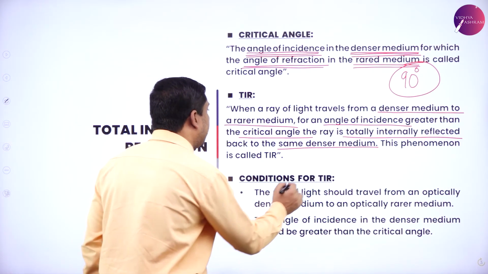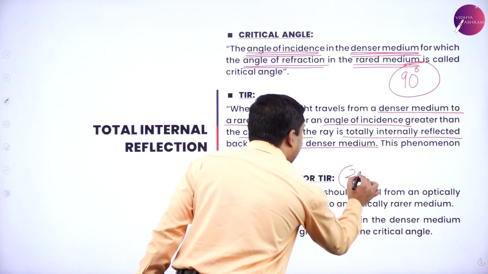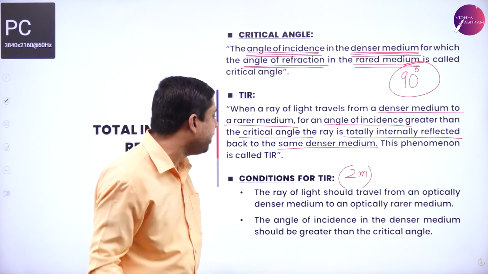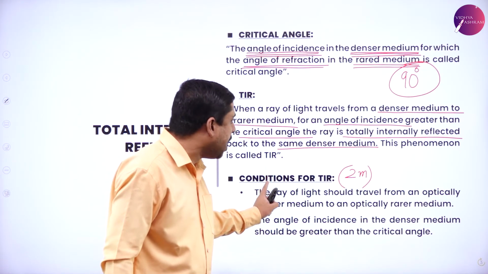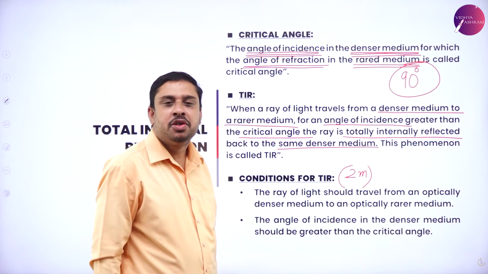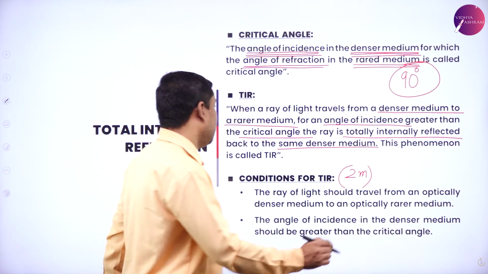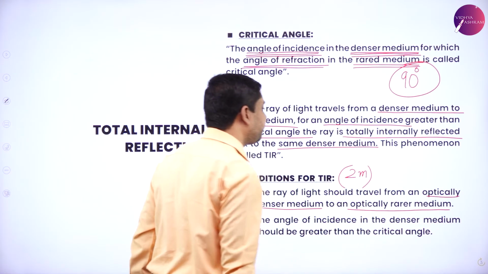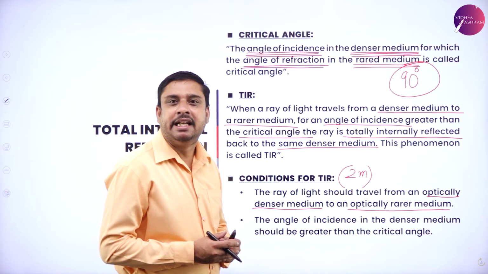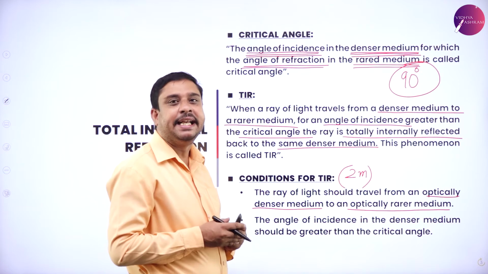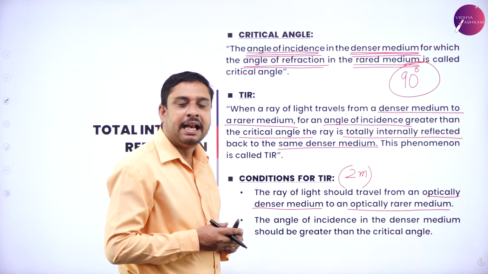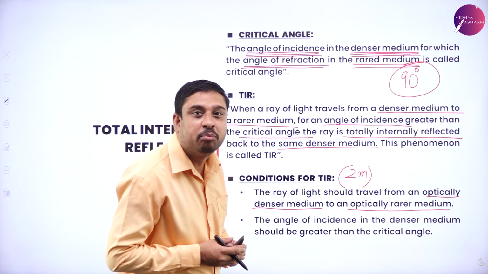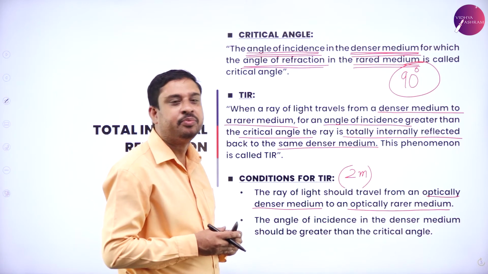Now, there are two conditions for TIR to happen. What is the first condition? Come on, recall. The ray of light should travel from an optically denser medium to an optically rarer medium. The light should travel from denser medium to rarer medium.